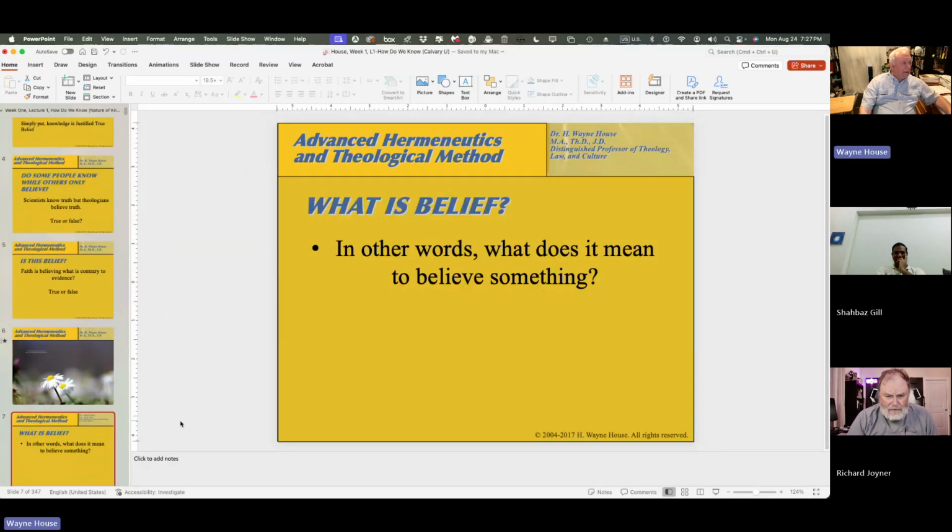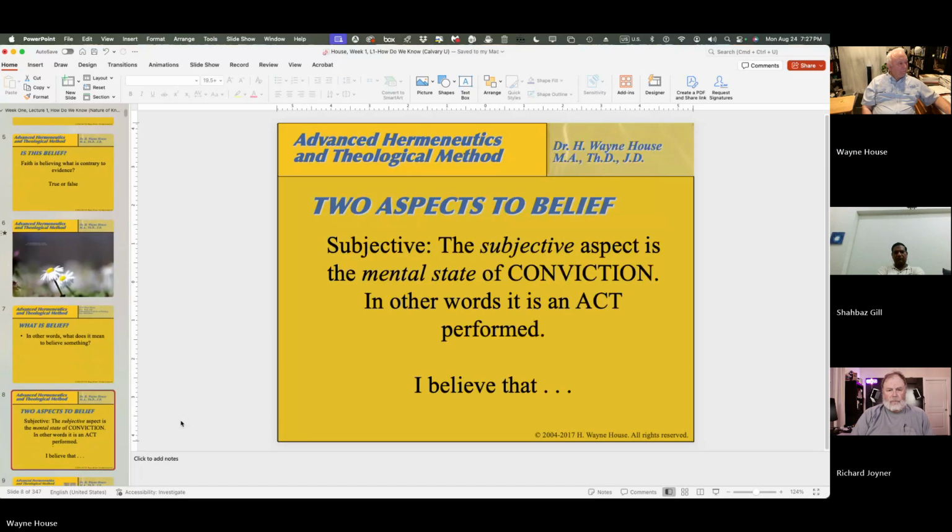Moving right along. In other words, what does it mean to believe something? That's what we're going to deal with. We've got three components to work with. One of the components is belief, subjective in nature. The subjective aspect is a mental state of conviction. In other words, it's an act performed.